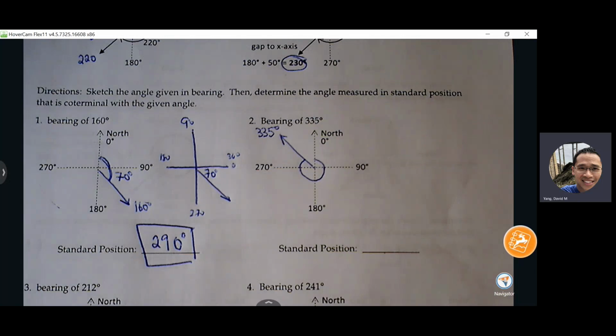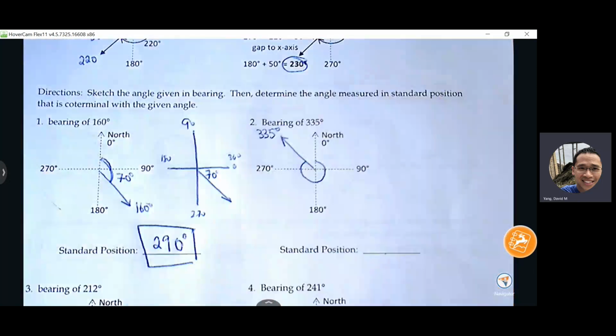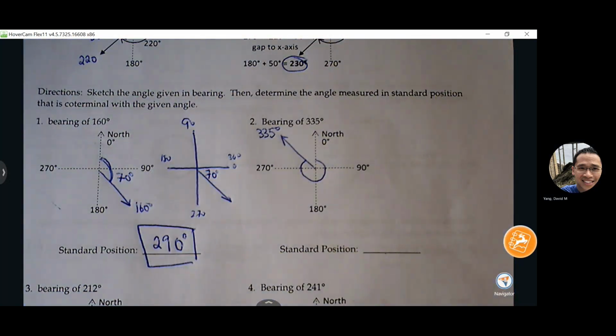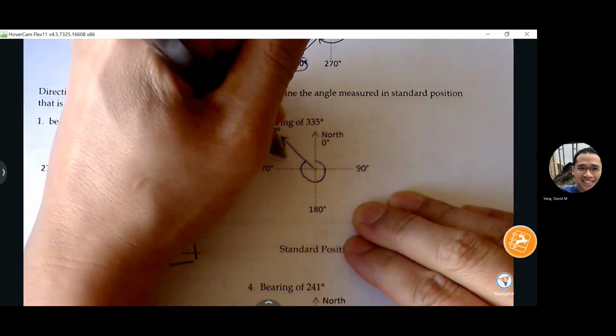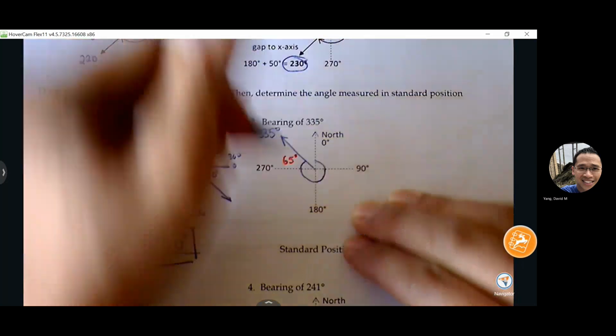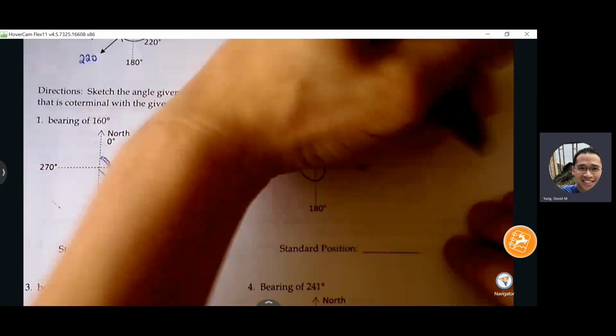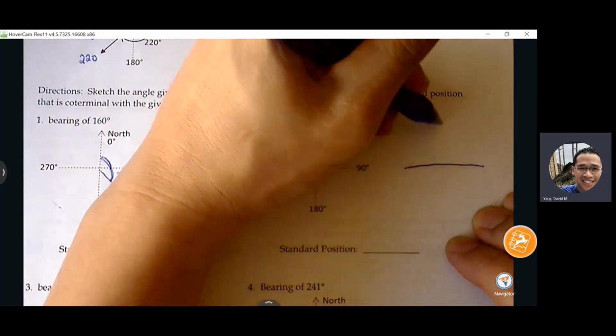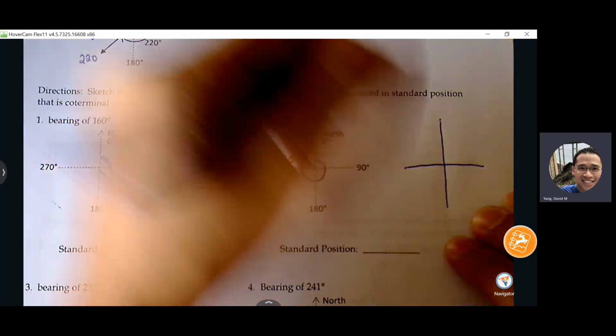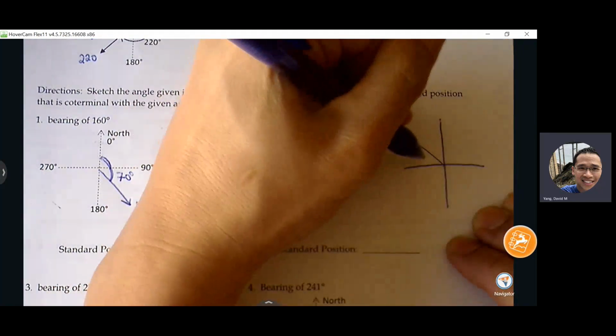Okay, so 335 minus 270. What's that reference angle here? 65. Okay, so I'll put 65 here. So that we don't get confused with all those numbers in front of us, let's just put 65 here in place.